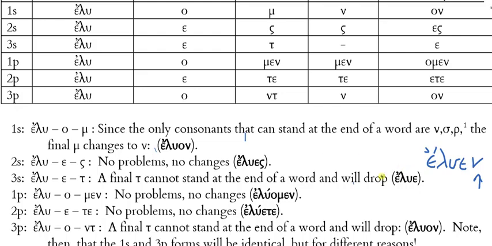Oh, by the way, how would we translate eluen and elue? He, she, it was loosing. He, she, or it was loosing. Good. First person plural. Elua and adding men produces absolutely no problems. So we get eluamen.